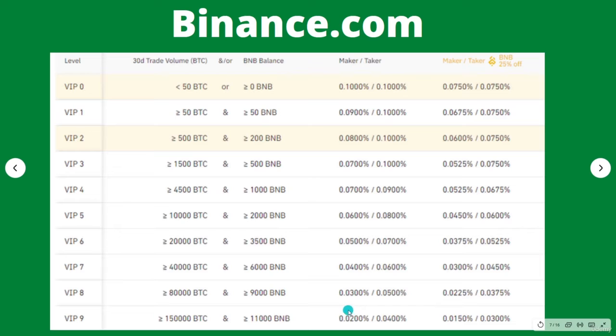Down here at VIP tier 9 on Binance, what do you see? 0.02. So FTX, as their base fee for any trader on the platform, you already get VIP 9.